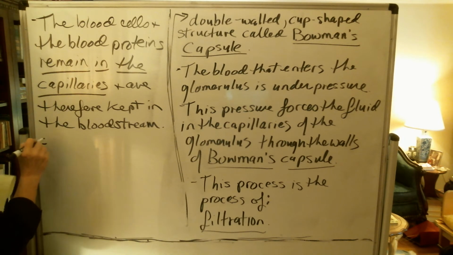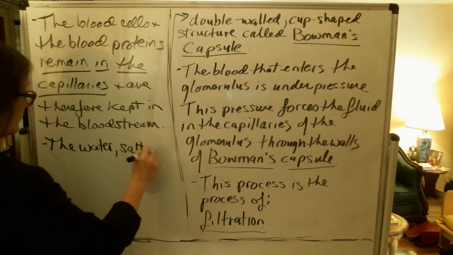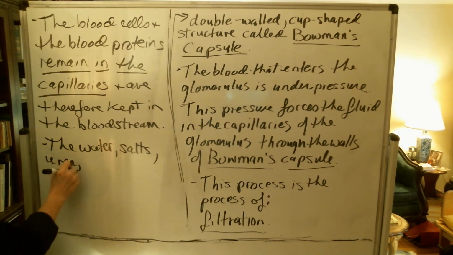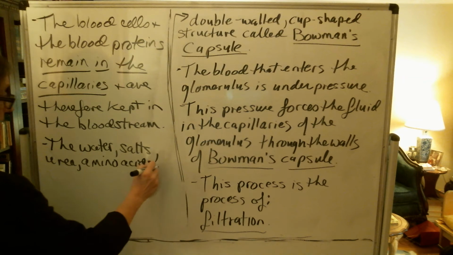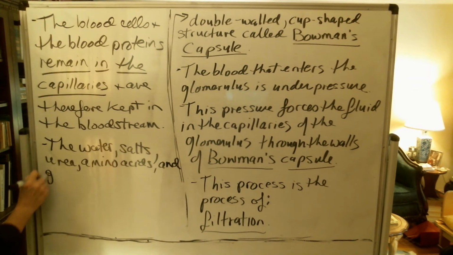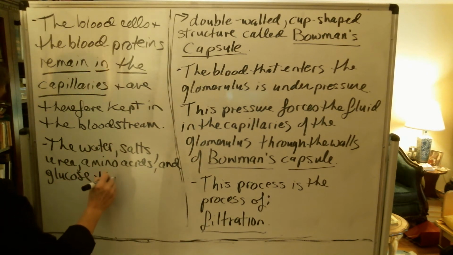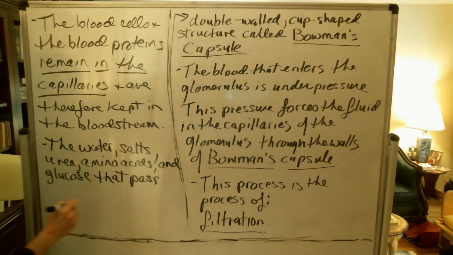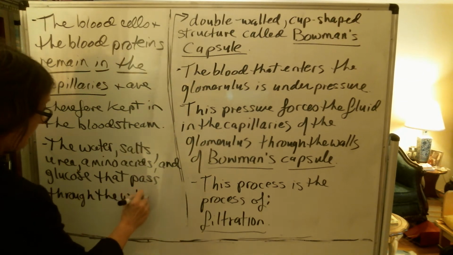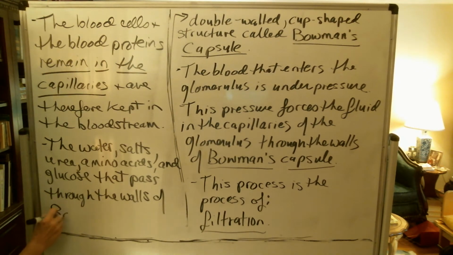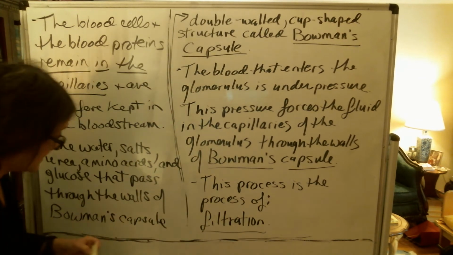And then meanwhile, the water, salts, urea, amino acids, and glucose, that is to say the small stuff, pass through the walls of Bowman's capsule.